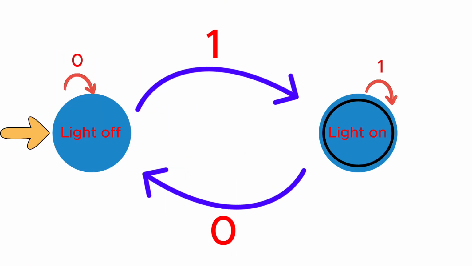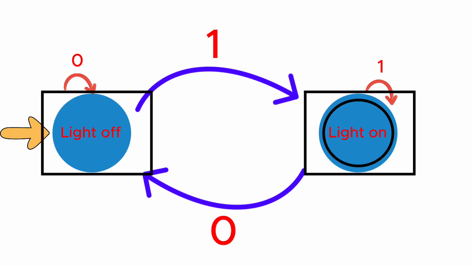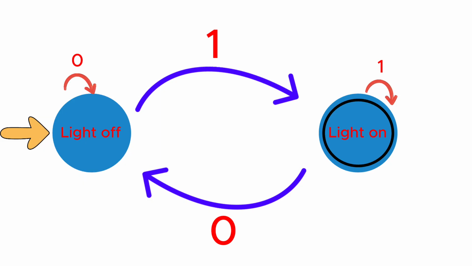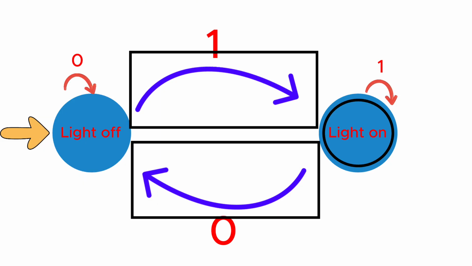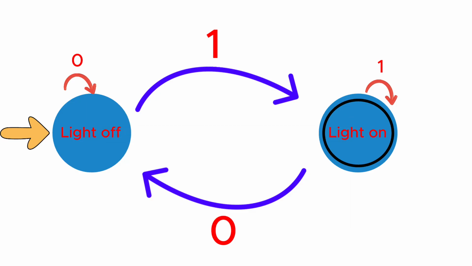This is an example of a finite state machine illustrating turning on and off a light bulb. I'm going to explain the core concepts of this finite state machine. The blue circles are called states, and the blue arrows pointing from one state to another are called transitions.